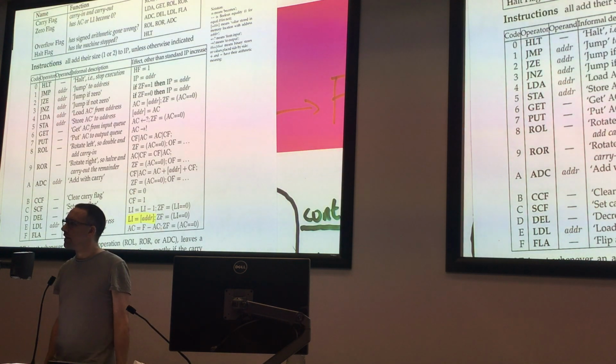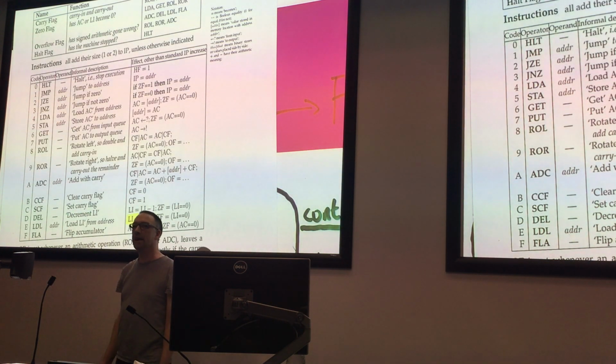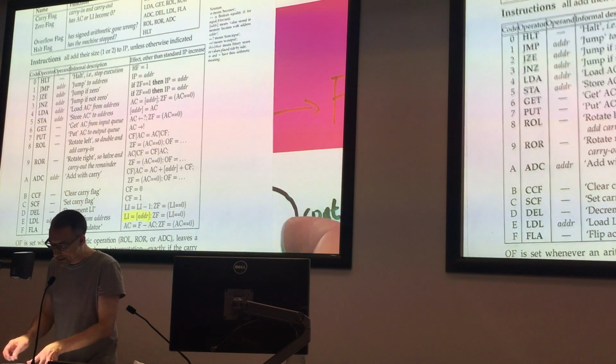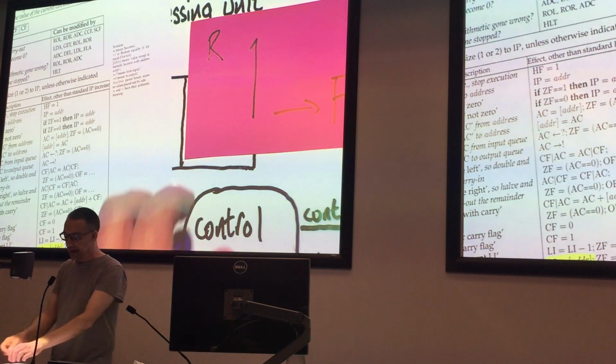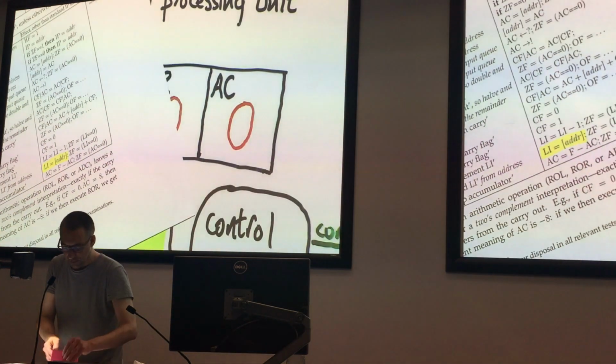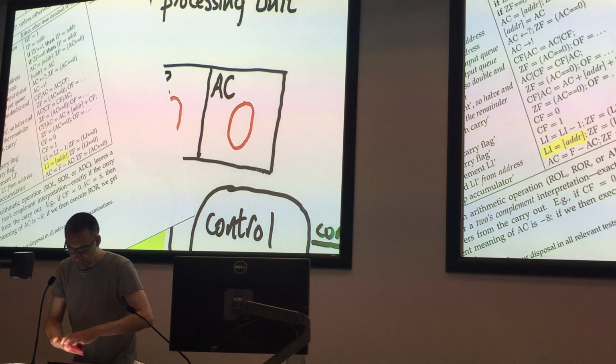So we're not going to be updating Li, the loop index, with the value F. We're going to be treating F as the address from which we're going to load the new value of the loop index. So once again, we have to send a memory read request out on the buses.